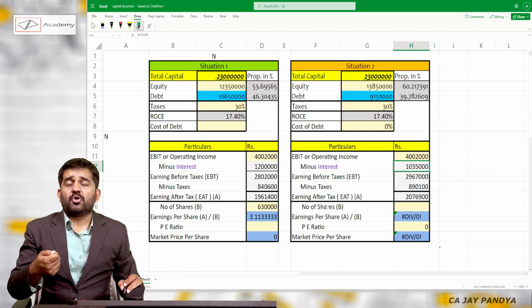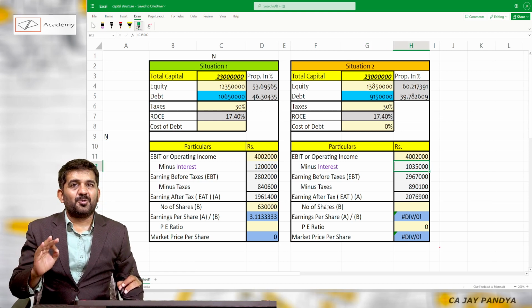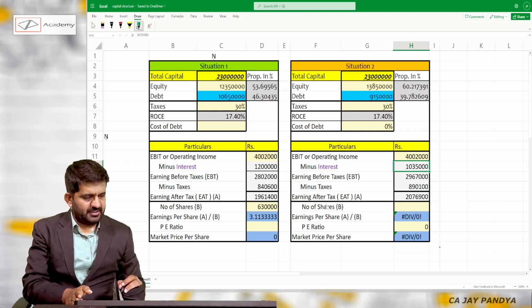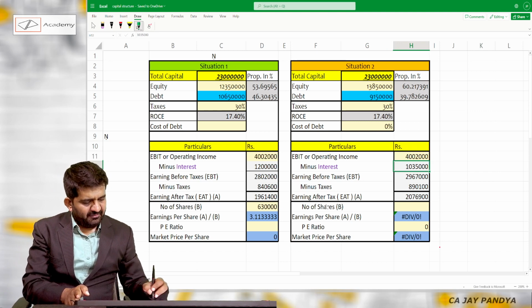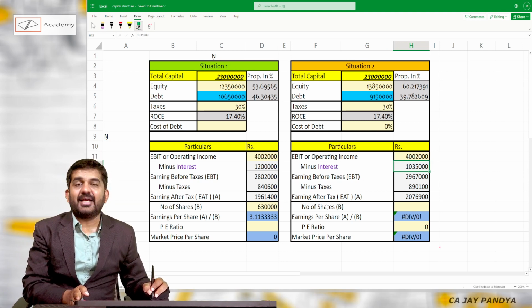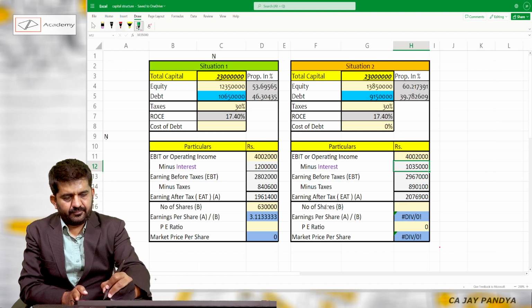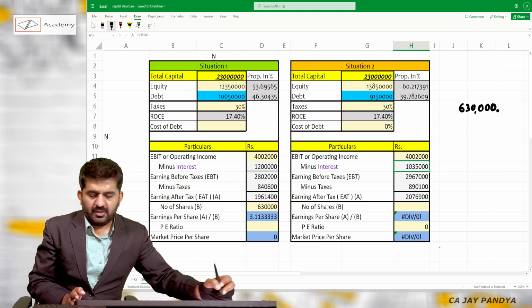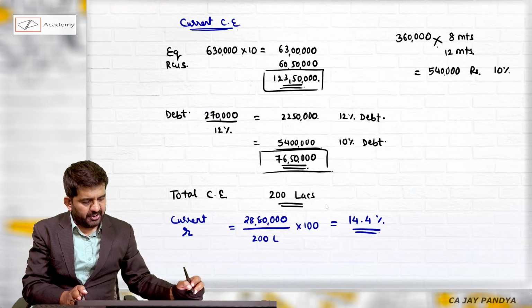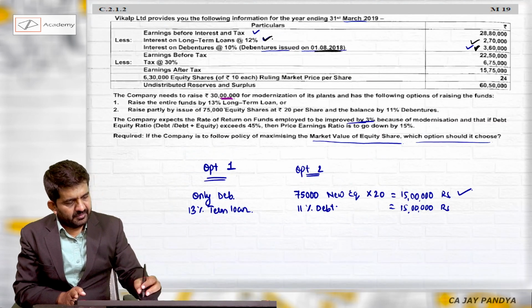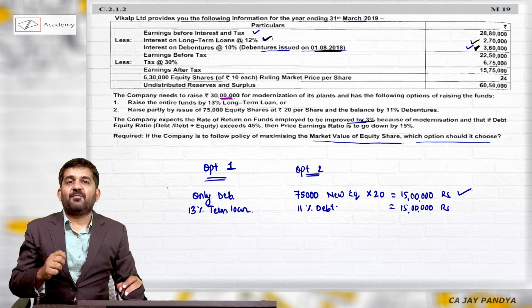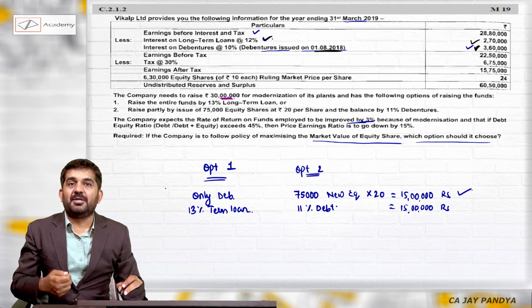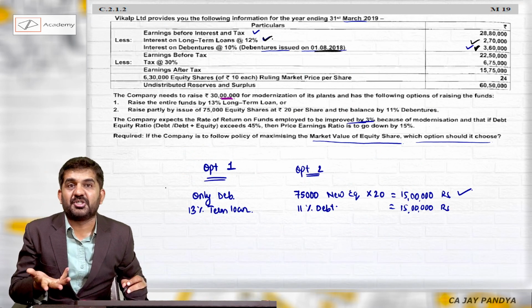Everything else will be automatically calculated, but I'll have to go through number of shares. Please understand, previously there were 6,30,000 shares. How many new shares are issued? It is clearly given. 75,000 equity shares will be issued at 20 per share.